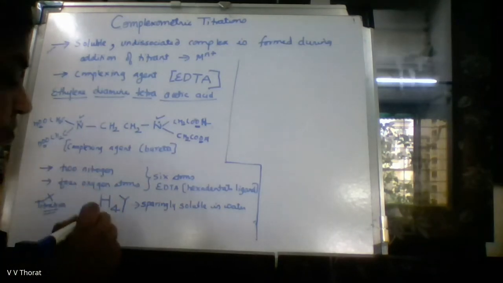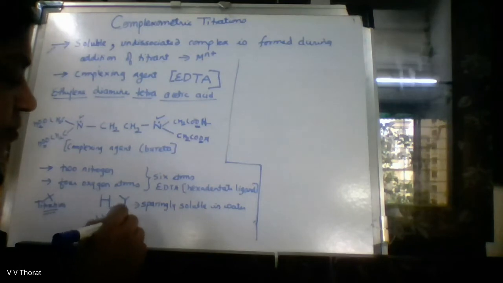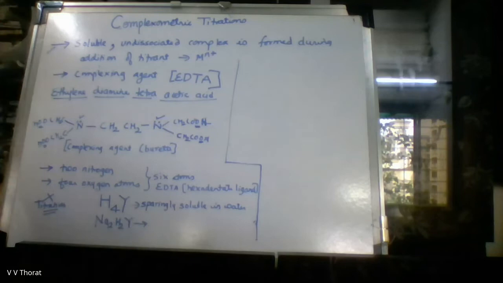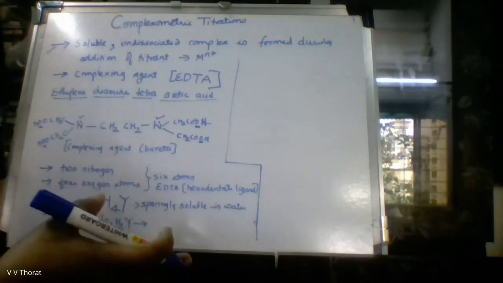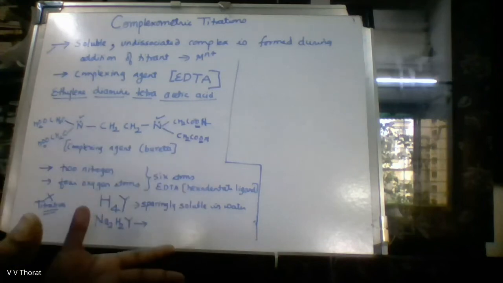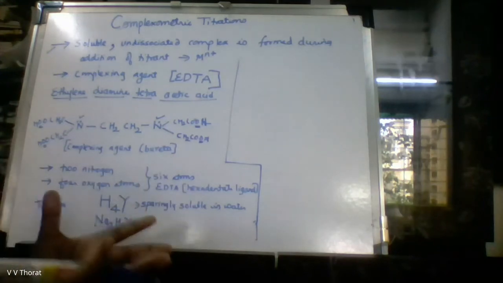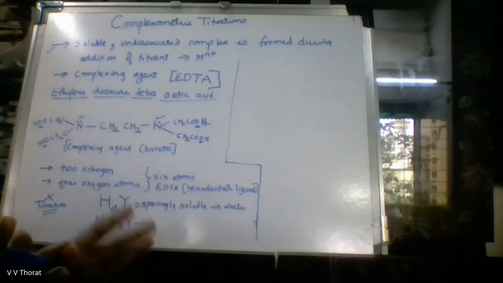So instead of this, we are going to use a disodium salt of EDTA. I always tell you, whenever in research you get stuck somewhere because the compound is not soluble in the solvent, unless it goes into the soluble form, it will not react. Remember my word: convert it into sodium or potassium form.